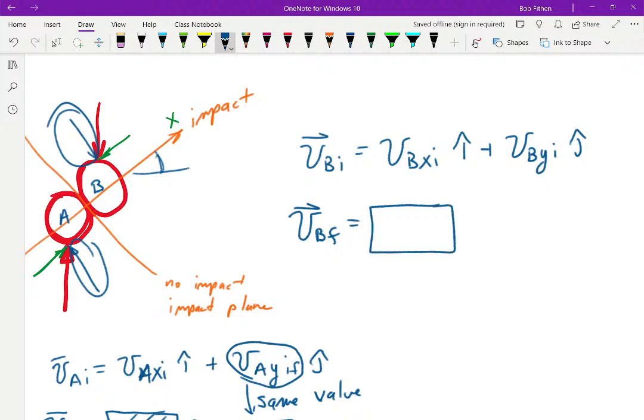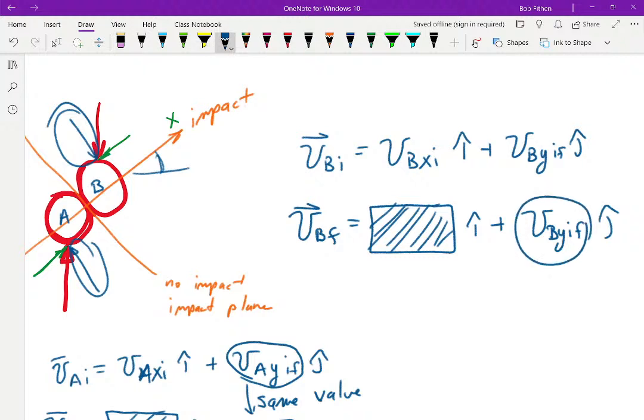This is a special one, but VBY before impact and after impact, the same. That is assuming there's no strange friction that occurs that slows these down. But in the real world, that could happen.